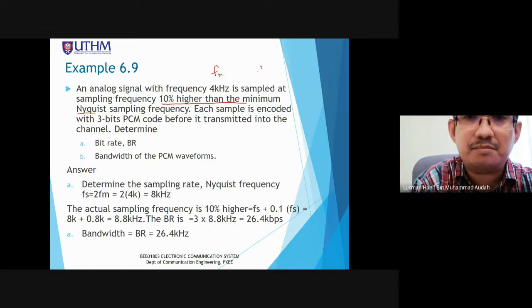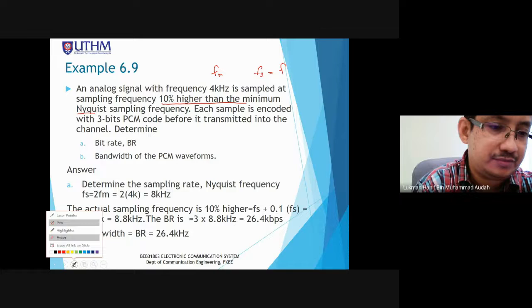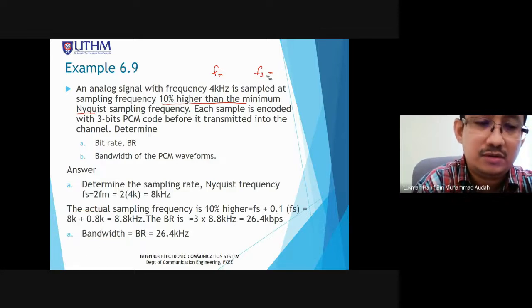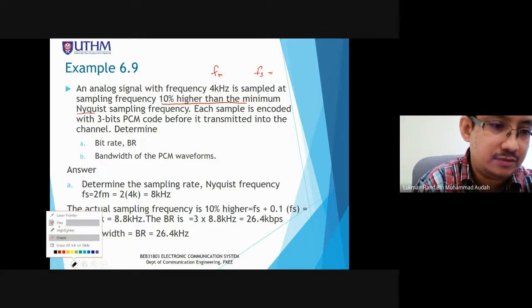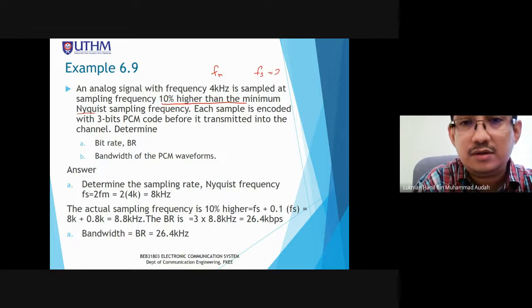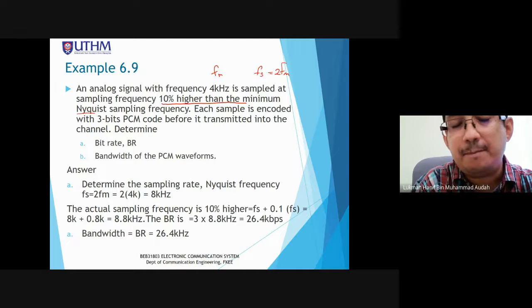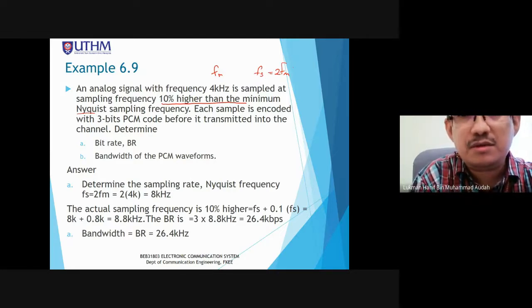Maknanya, kita akan sampel Fs equal to minimum adalah 2 FM. Minimum is 2 FM. But now we sample 10% more. That means 2 FM plus 10% of 2 FM.